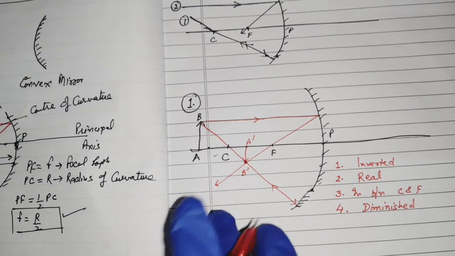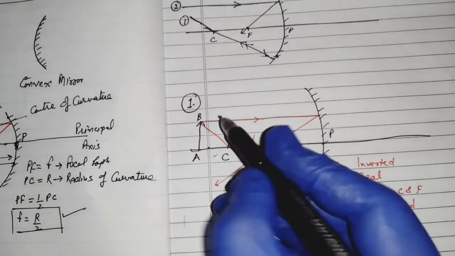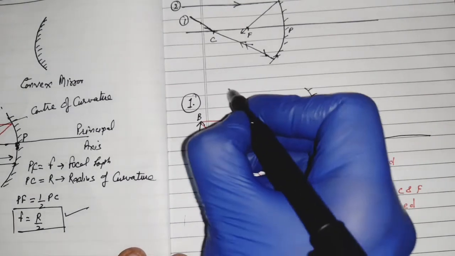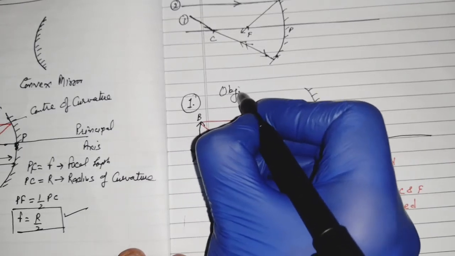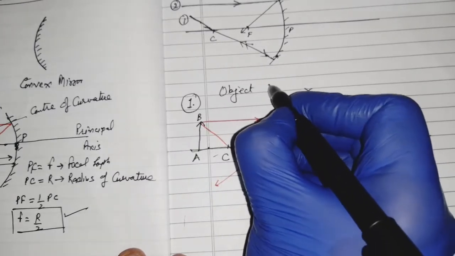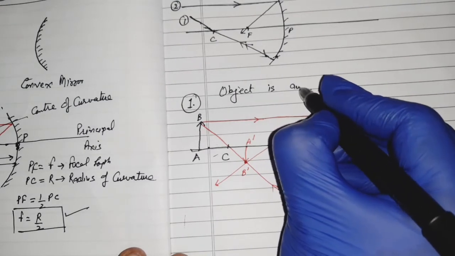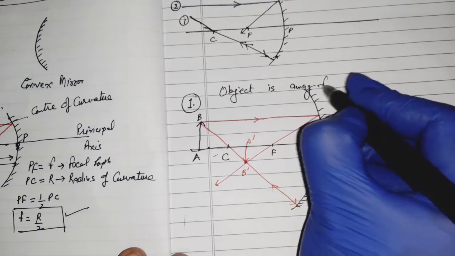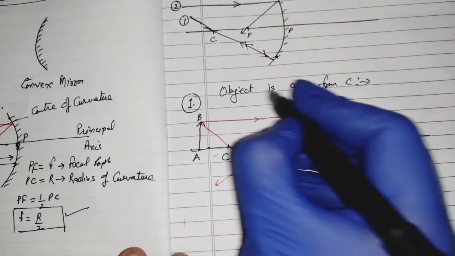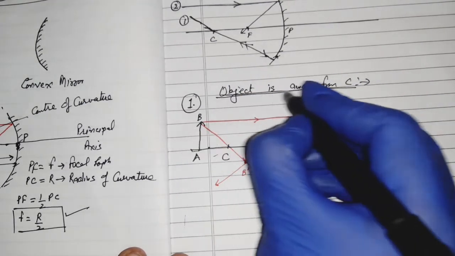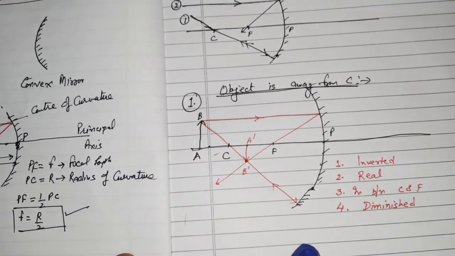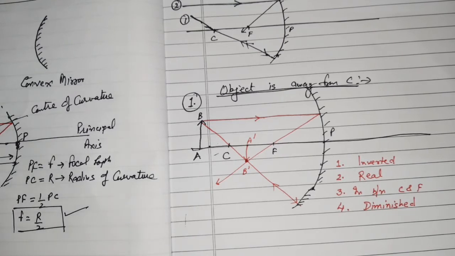So remember, when the object is away from C, the image is formed in between C and F, real, inverted and diminished.